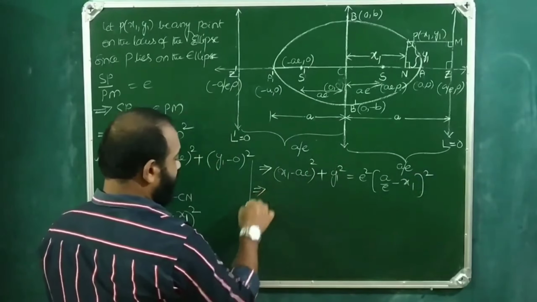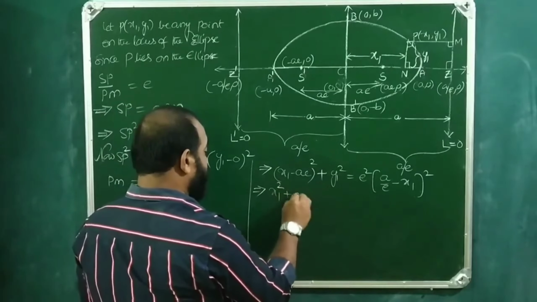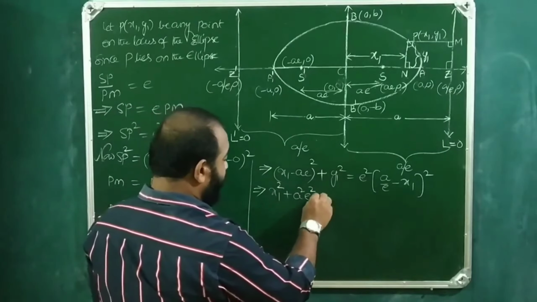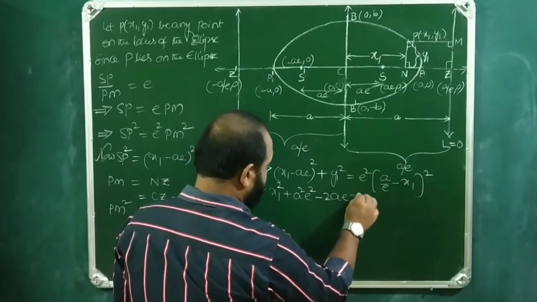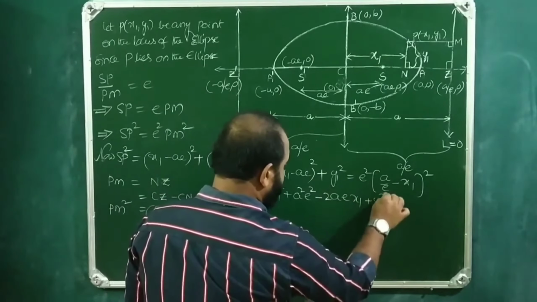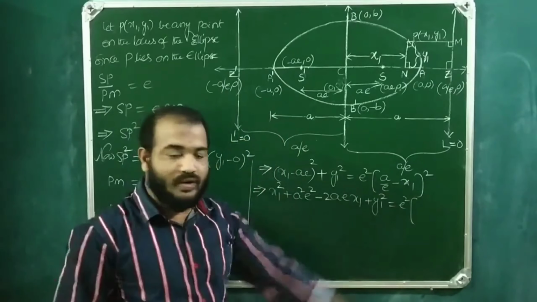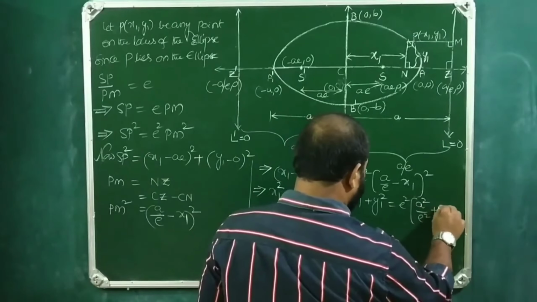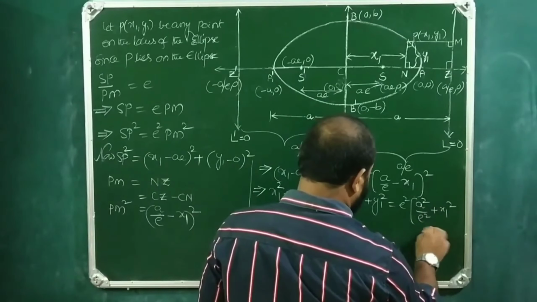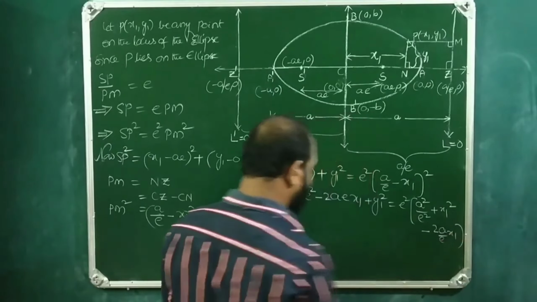This equals (A minus B) whole square x1 square plus A square e square minus 2AE x1 plus y1 square is equals to e square into, this is (A minus B) whole square, A square by e square plus x1 square minus 2A by e x1.